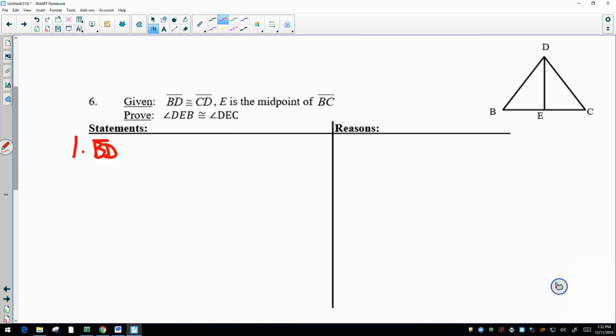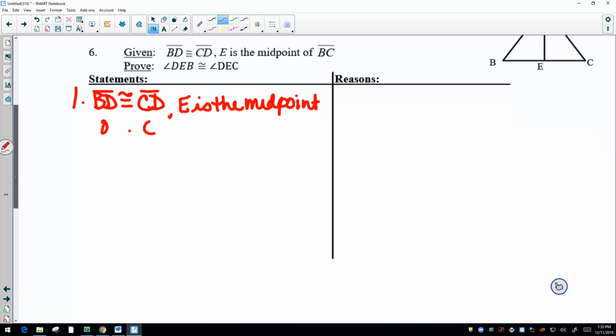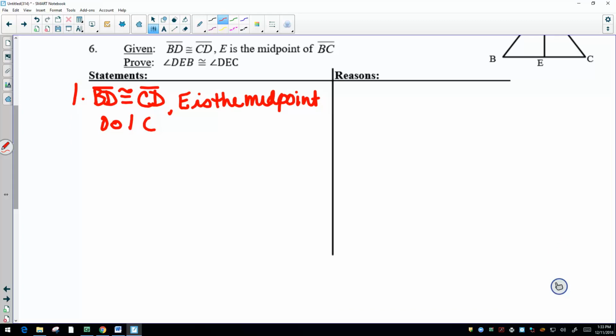So we have BD being congruent to CD, and E is the midpoint of BC. So this time we actually have two givens.